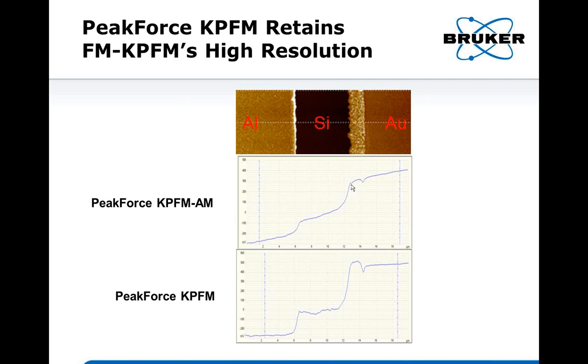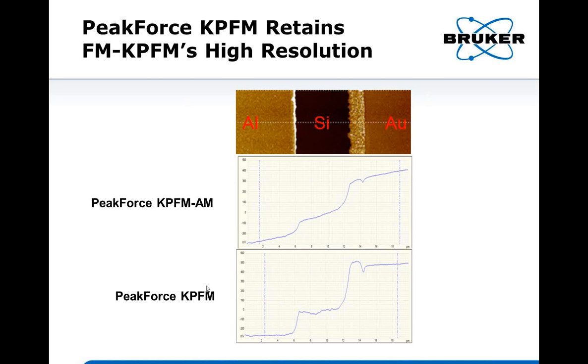Because although, for example, on the edge of the gold, you think the tip is on the gold, and indeed, from the tip apex, it's measuring the work function difference between your gold and tip, your lever covers a much larger area. The lever covers the silicon part and the gold part. So when you move the tip more toward the gold side, it's a weighted average between different materials. So that's why you see the slope.